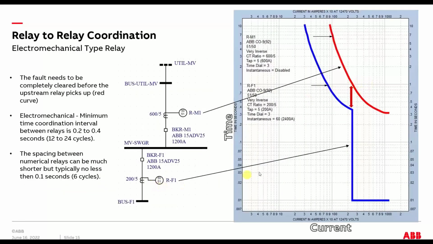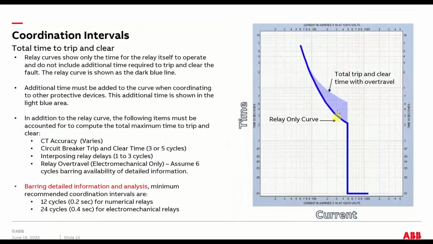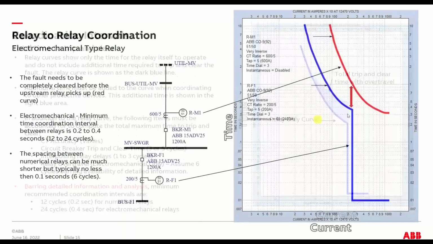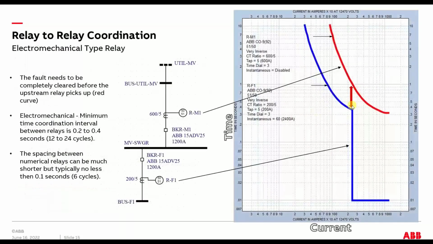Here is your feeder. Here's your main. Now you want the main and the feeder to be coordinated. So you set that main delayed past the feeder breaker by this amount of time, X, which is what you would have calculated in the slide prior, this piece right here. So this can range from the fastest you probably would ever do is 6 cycles, which is 0.1 seconds. It's very hard to get faster than that, practically.